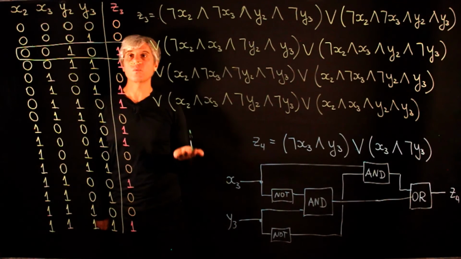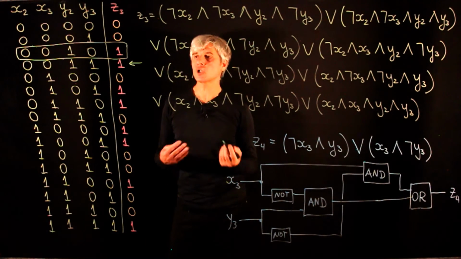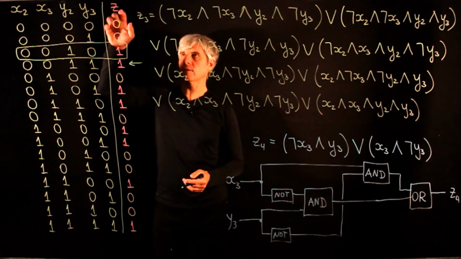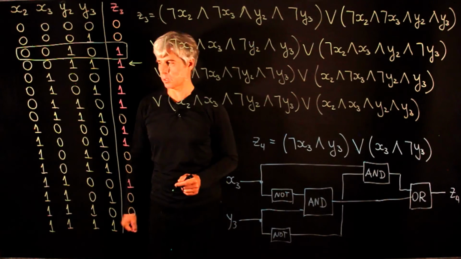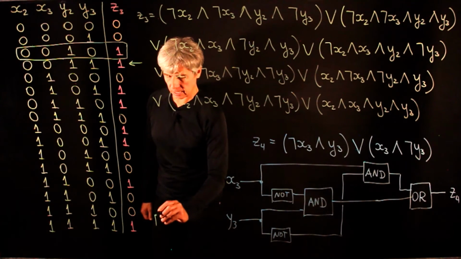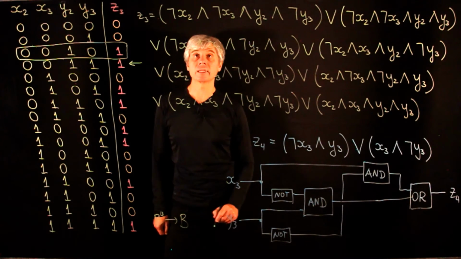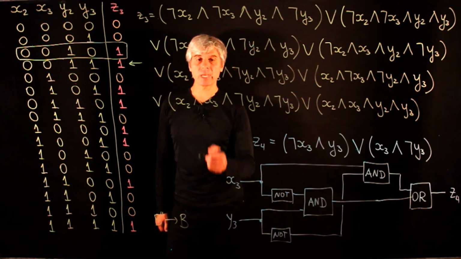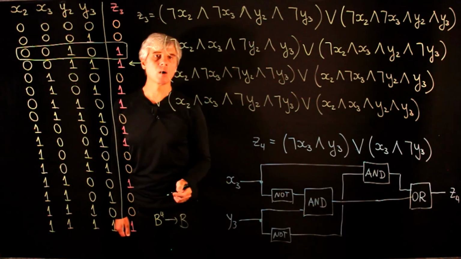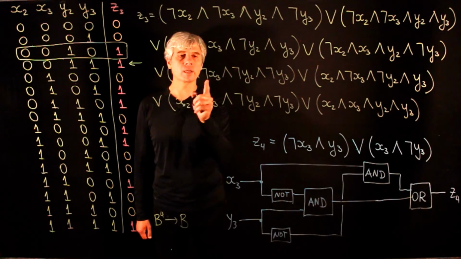And so what we were able to achieve here is we have shown that we can take the function Z3, a function from B4 to B, and express it as a composition of elementary logical functions: and, or, and not.